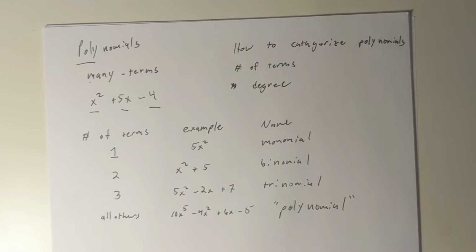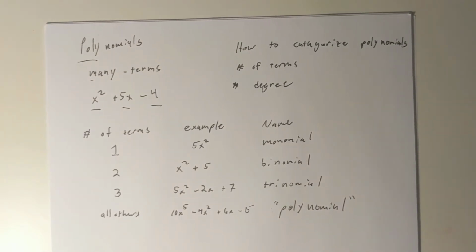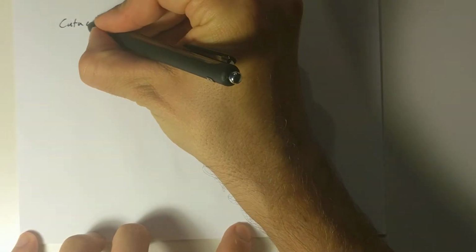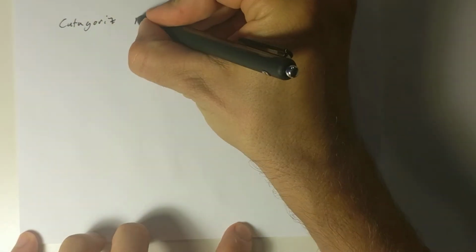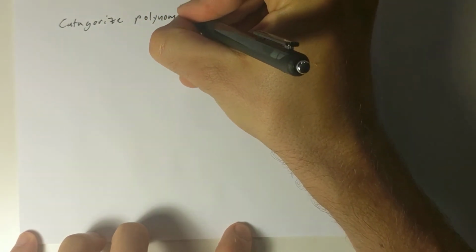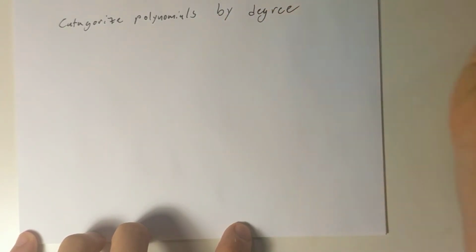Now, what about the degree? Well, the degree is kind of a different idea. The degree happens to actually be counted through exponents. So here we go: categorize polynomials by degree.